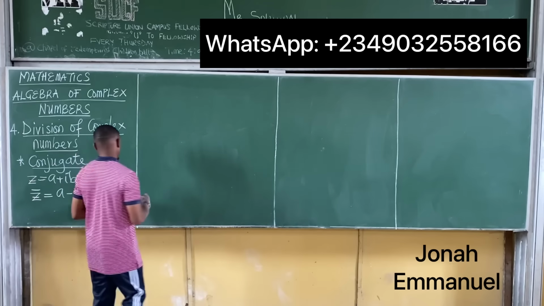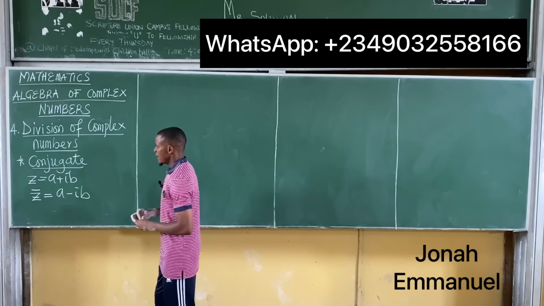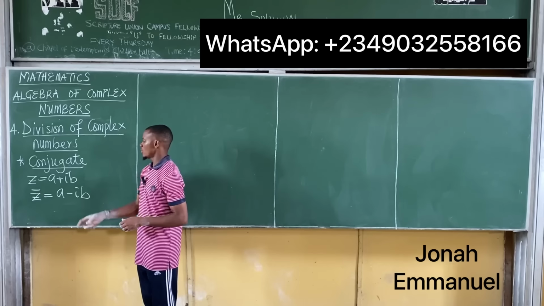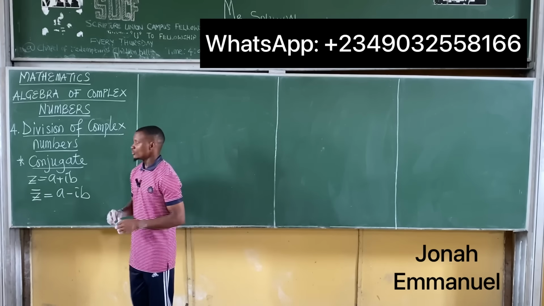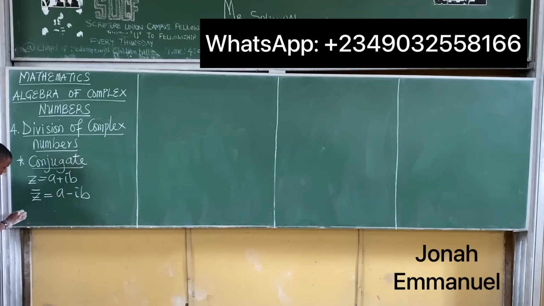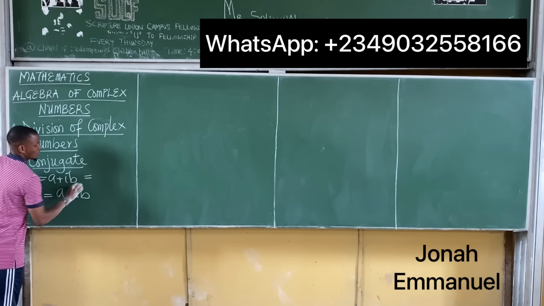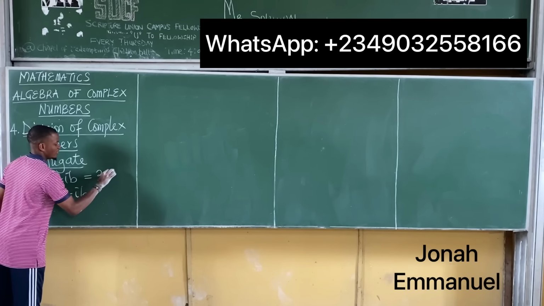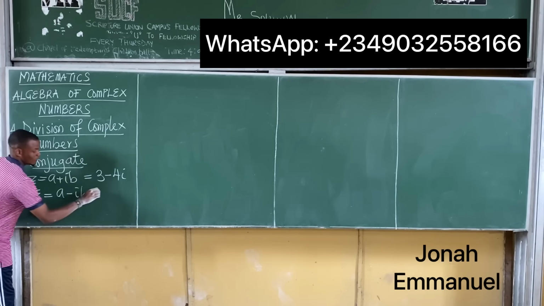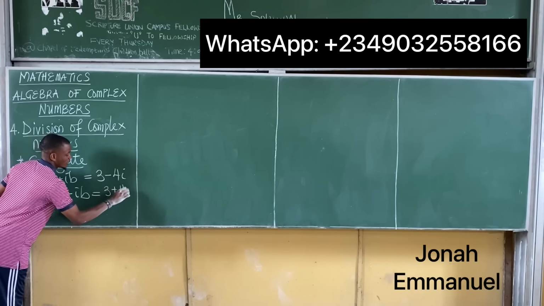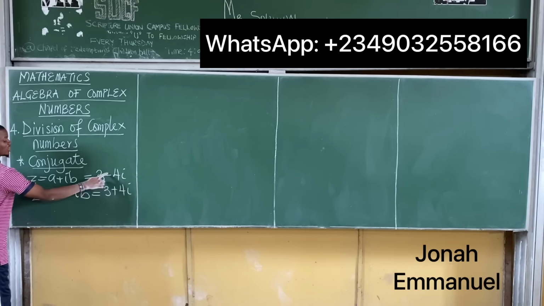So when it comes to getting the conjugate, the idea is simply to change the sign of the imaginary part only to the opposite sign. Hence, let's say z is equal to 3 minus 4i. I will have that z bar is equal to 3 plus 4i. I am only changing the sign of the imaginary part.